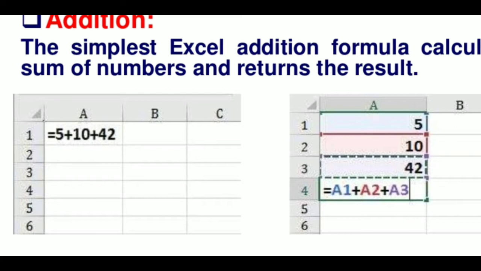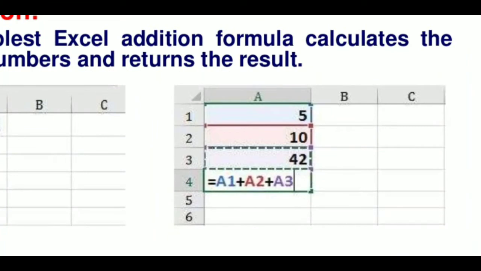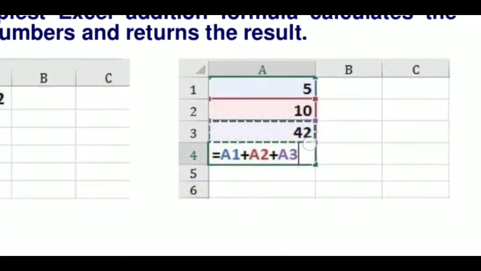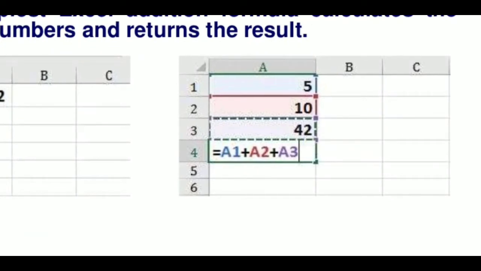The second method of using this addition is just as you can see in the second method here. In the second method we have taken values in first column A. Here in A1 5, A2 10 and A3 we have 42.